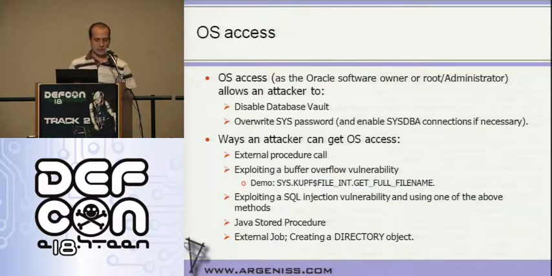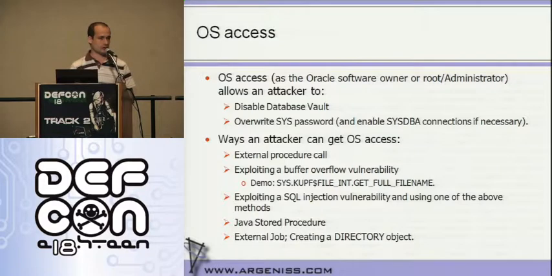We are going to see also that exploiting a buffer overflow vulnerability can allow for operating system access and the disabling of Database Vault. Also, it is possible to use Java stored procedures to get operating system access, and also through external jobs and creating a directory object, which could also lead to file system access and the compromise of Database Vault.